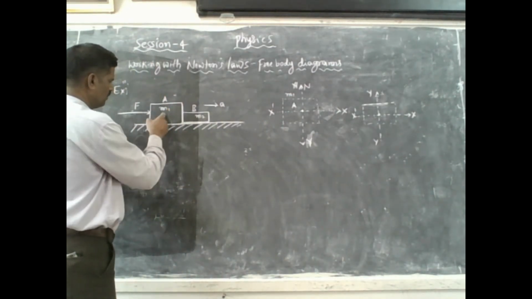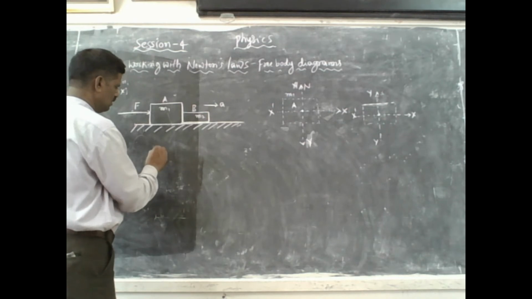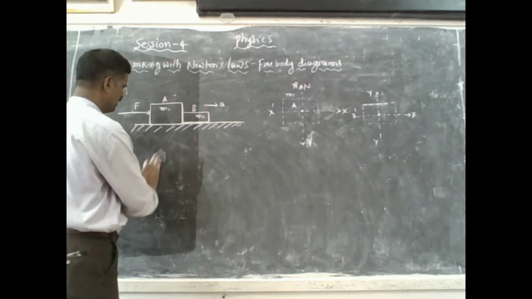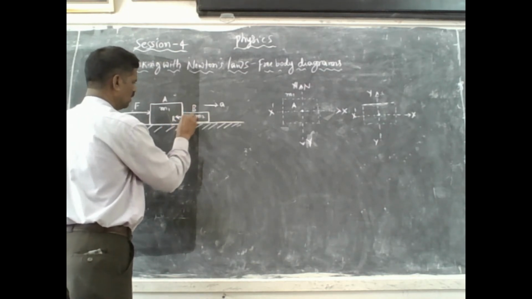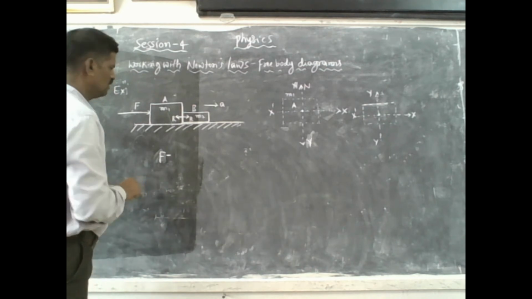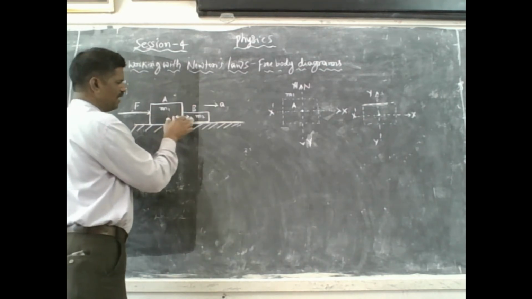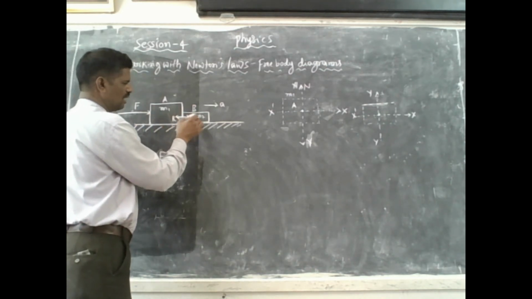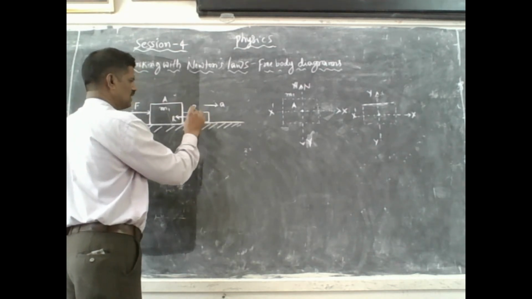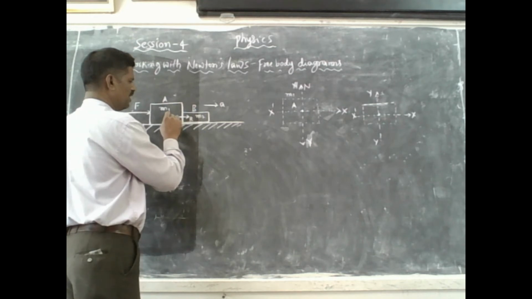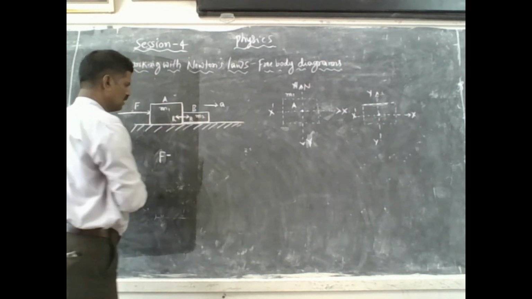So now we can write F minus R, because F is in forward direction and there is a reaction R, reaction of forces. Because when the force is applied on the small body, the same amount of force is applied on the body A by the body B, isn't it?